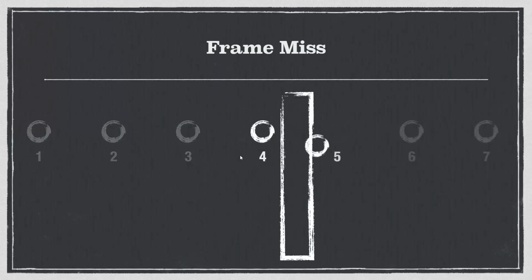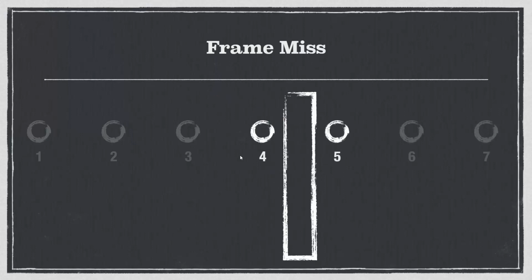However, if that object is between where Unity is checking, then Unity never actually sees the collision, and it registers this as frame miss.